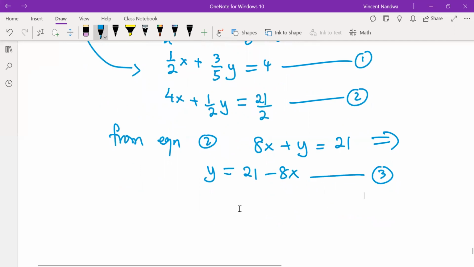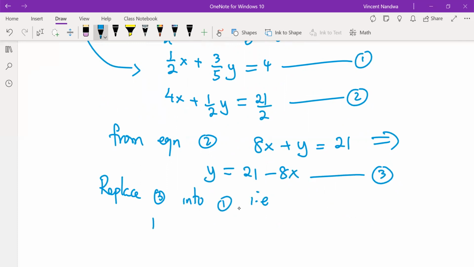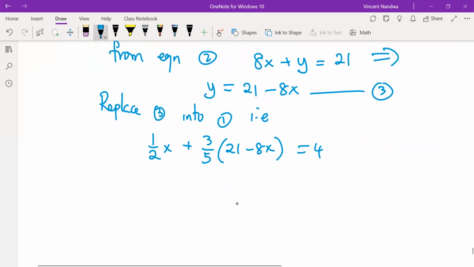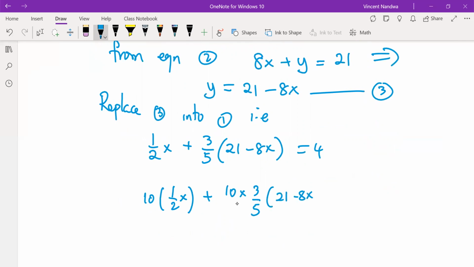So substitute 3 into 1. That means a half x plus 3 over 5, instead of having y, I have 21 minus 8x, equals 4. And then I can decide to multiply everything by 10 so that I remove these denominators. So I'll have 10 times a half x plus 10 times 3 over 5 into 21 minus 8x equals 10 times 4, which is 40.